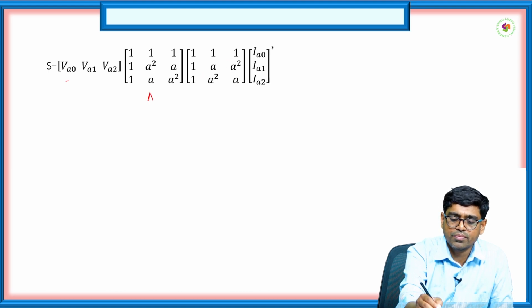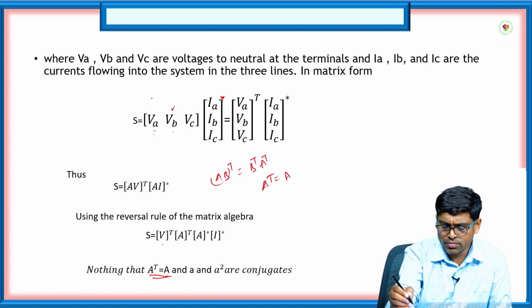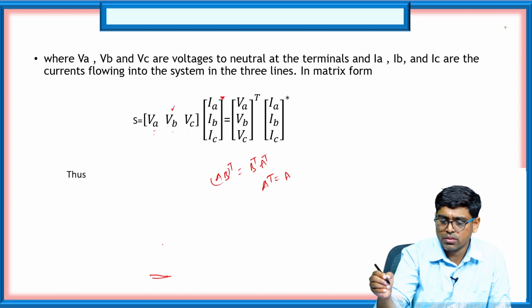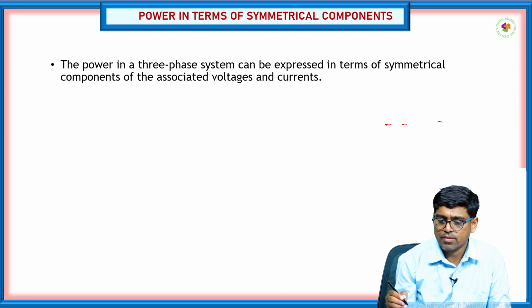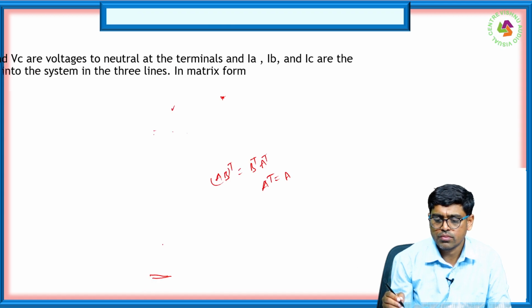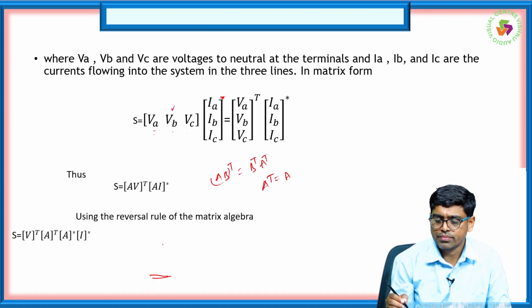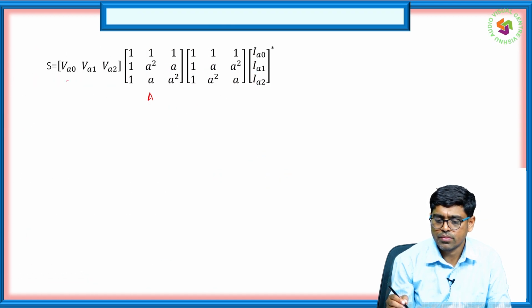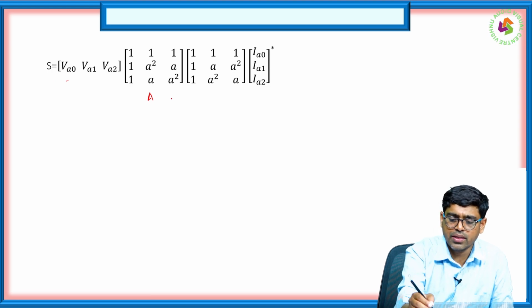This one, A transpose means 1 A square A. Okay. So it is A and it is your A transpose. Okay.